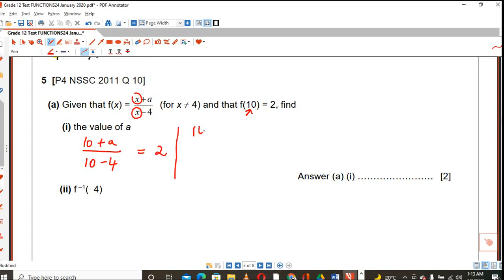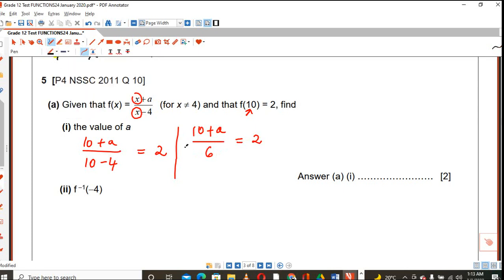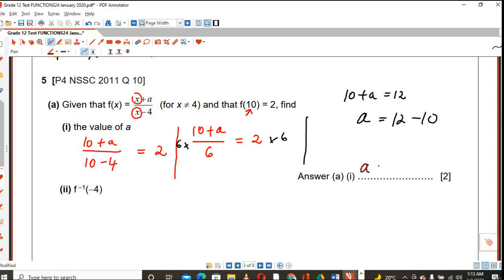So that gives us 10 plus a over 6 equals 2. From here, it's simply a matter of multiplying in order to get rid of that. So I'll have 10 plus a is equal to 12, and then a will be 12 take away 10, so the value of a is 2.